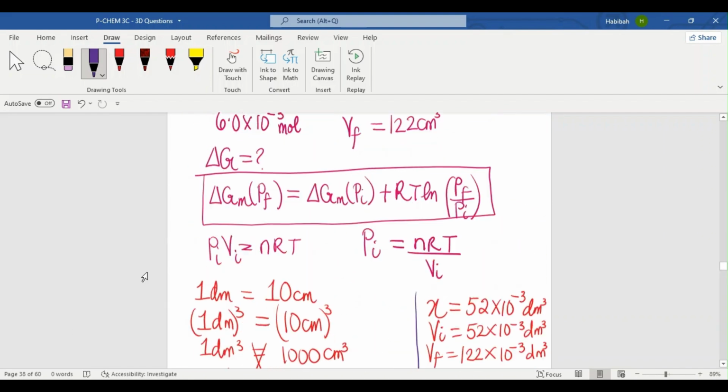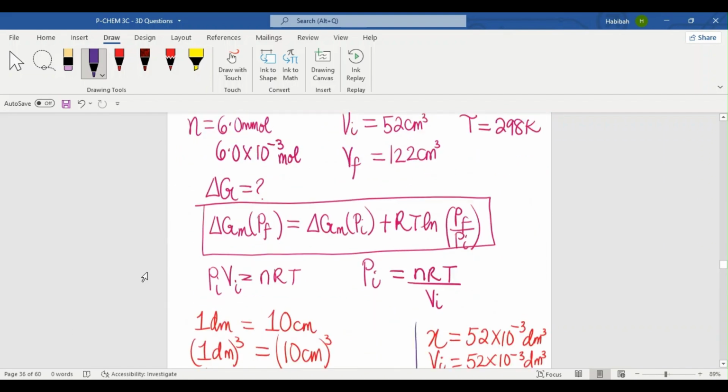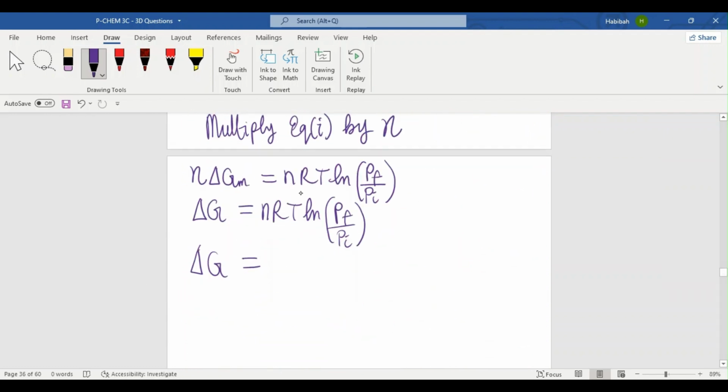Let's go back to our question. The number of moles is 6.0 times 10 to the power negative 3 mole. Times R. We're going to be using the gas constant 8.3145 joule per mole Kelvin, mainly because our units for any energy related value is going to be in joules. So Gibbs energy has to have the units joules.